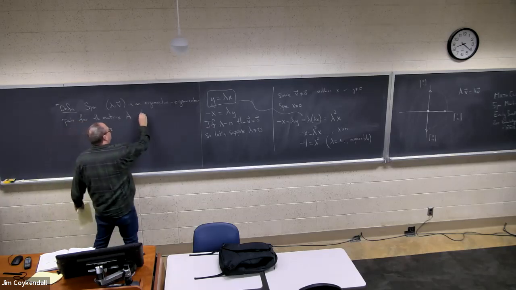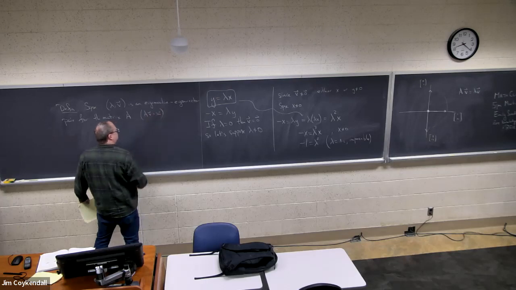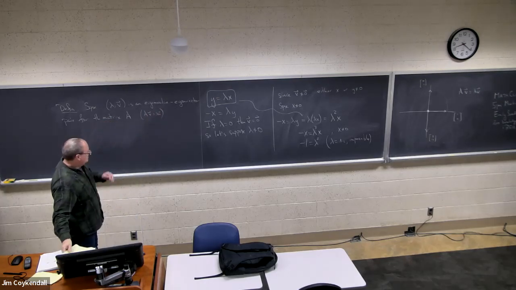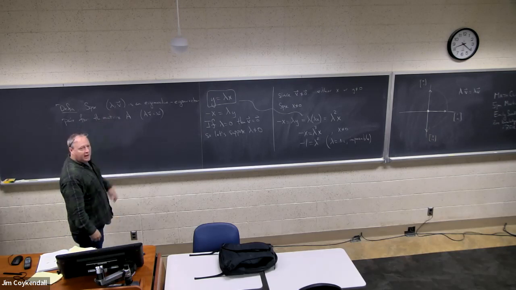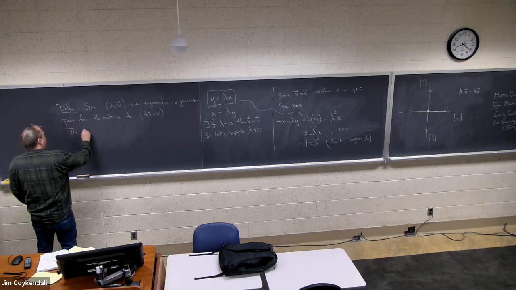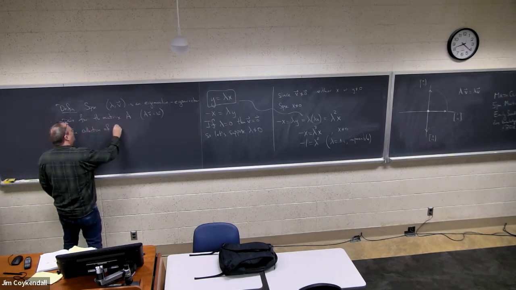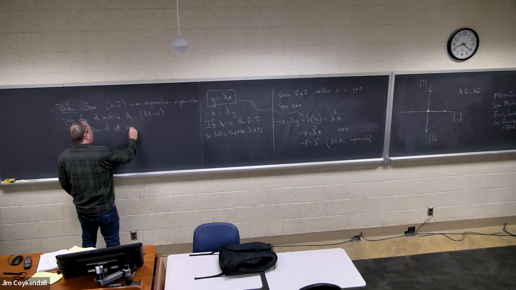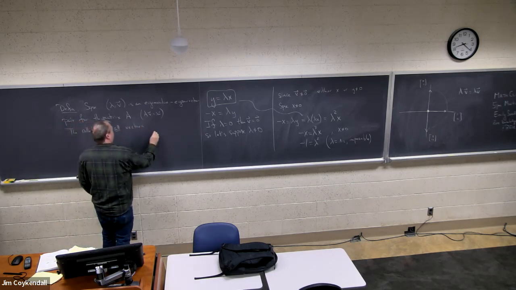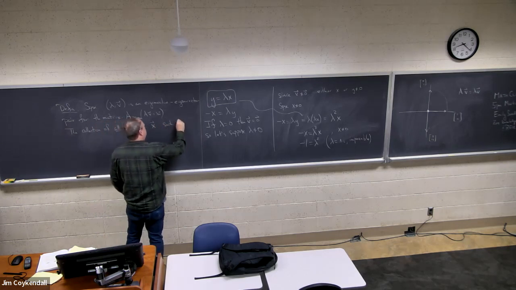Suppose we have an eigenvalue here; consider the collection of all vectors b such that Ab = lambda b.